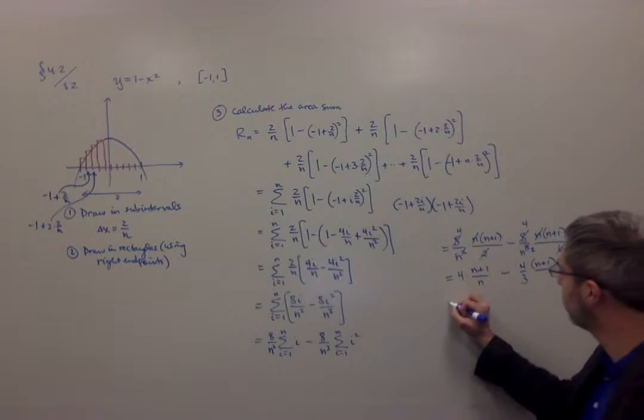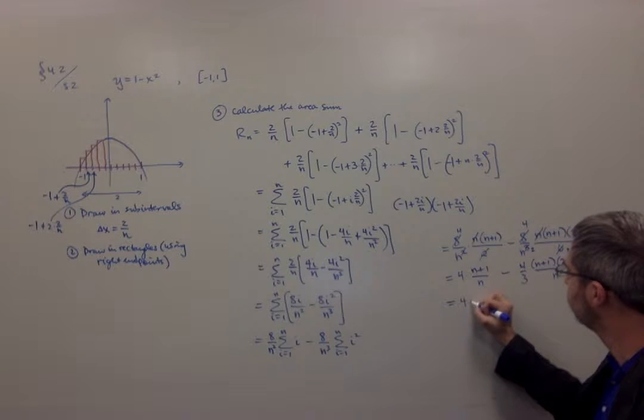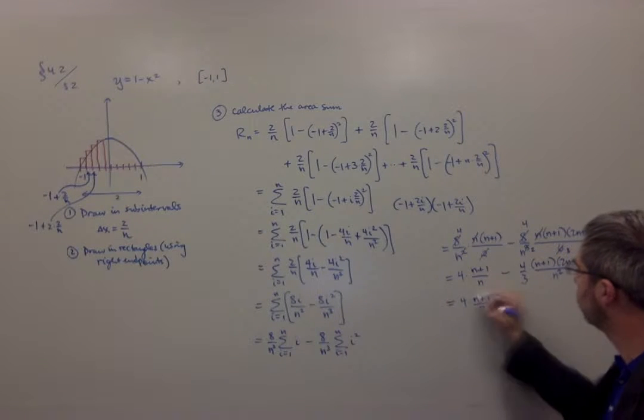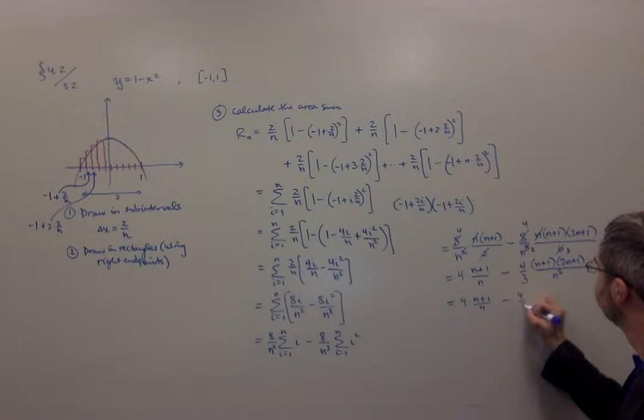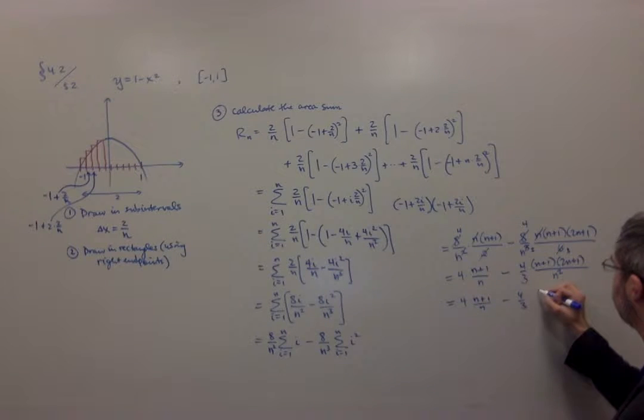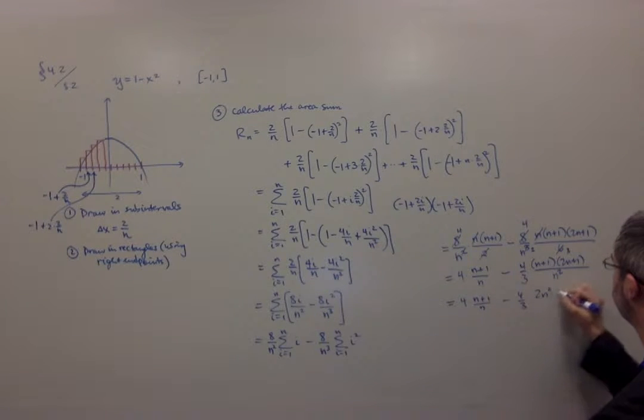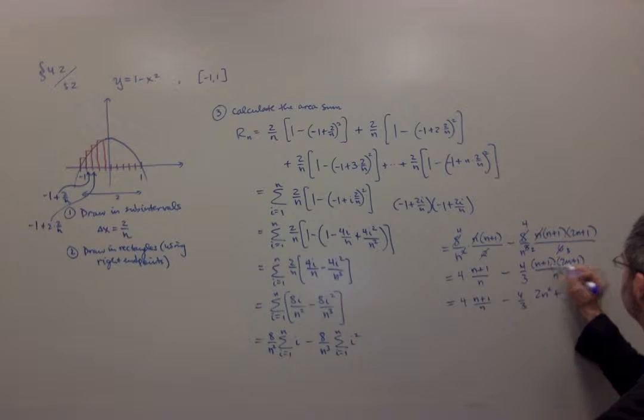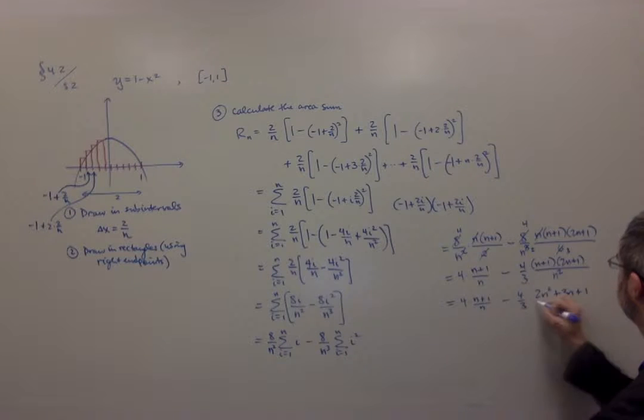Let me do one more step before we take a limit. n plus 1 over n. Again, this is going to go to 1. Let's multiply this out here. I've got 2n squared plus 2n plus n is 3n plus 1 all over n squared.